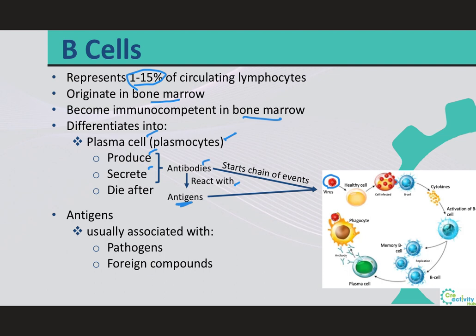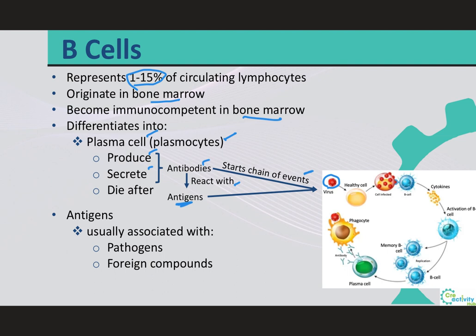And when an antibody binds to its corresponding antigen, this starts a chain of events leading to the destruction, the neutralization, or even the elimination of the antigen. Antibodies are also known as immunoglobulins, which we have covered already.